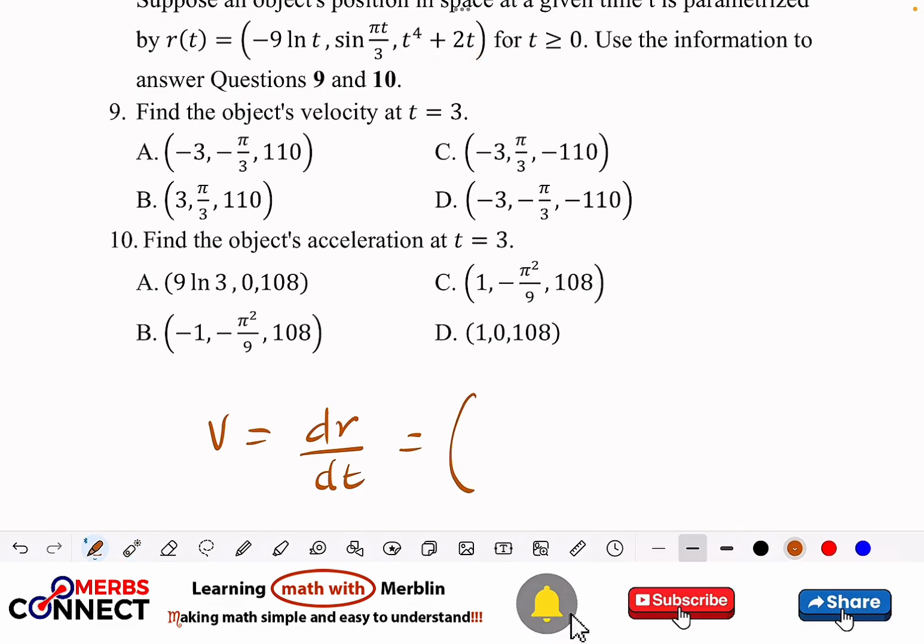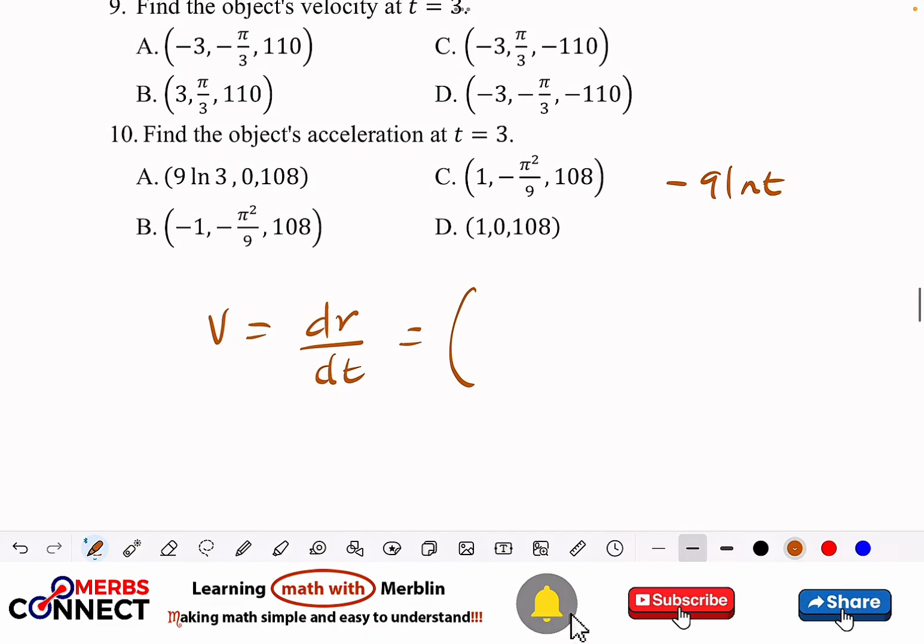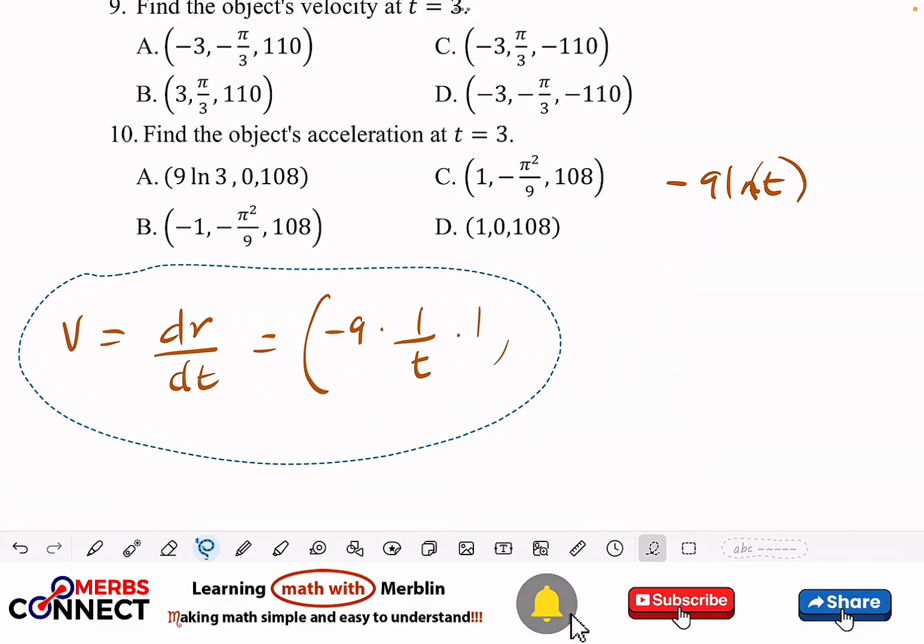I'm going to differentiate this. This is a length function, ln of t. So let's see how we are going to get it. Minus 9 times a ln function. If I put this one into parentheses, I'm going to have 1 divided by what is inside the parentheses times, when I differentiate it, what's going to be 1. So I get the first derivative.